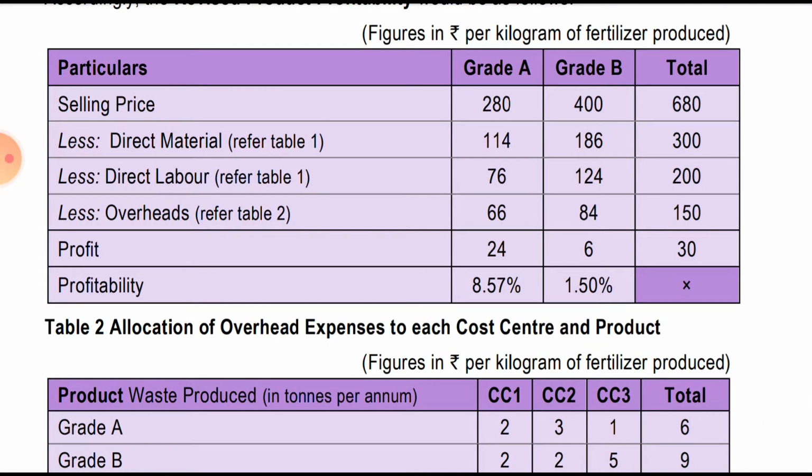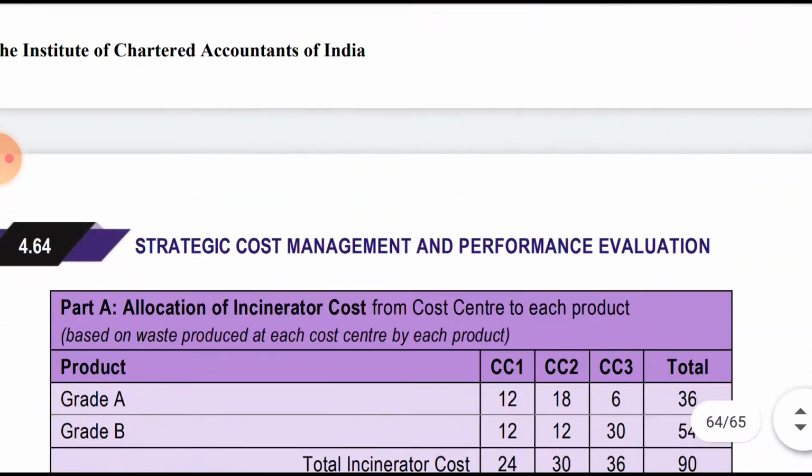So if we do a proper environment based cost allocation, the actual profitability of A is more, that is 8.57, and grade B is less. So basically grade B is incurring more expenses towards the environmental cost, so their profit has accordingly decreased to 1.5%. Okay, this we can skip.